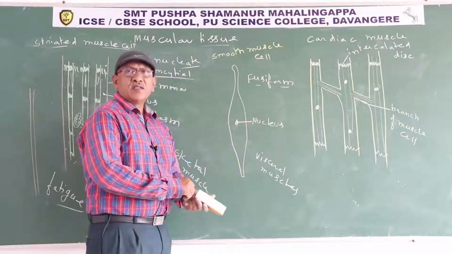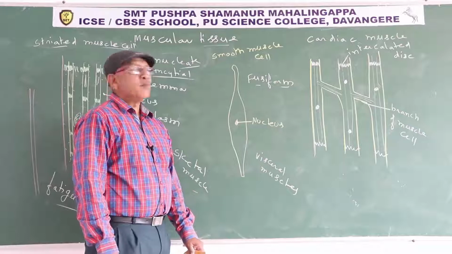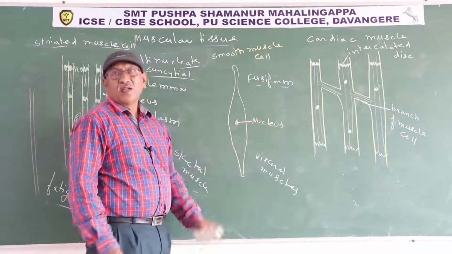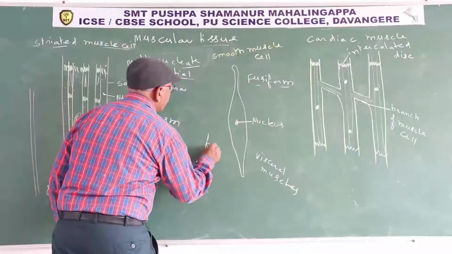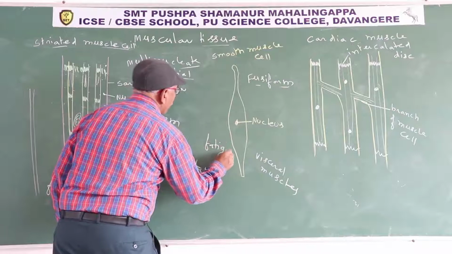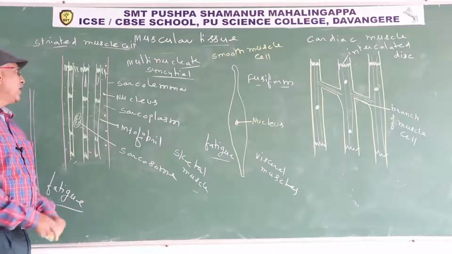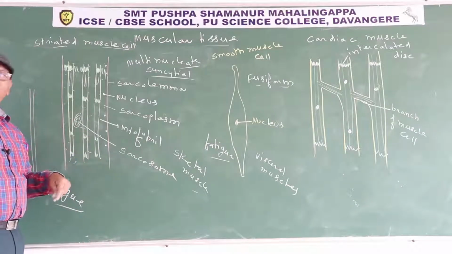The visceral muscles undergo slow and prolonged contraction. That's why smooth muscles are never subjected to fatigue, great tiredness. Striated muscles are under the control of the will of the organism.